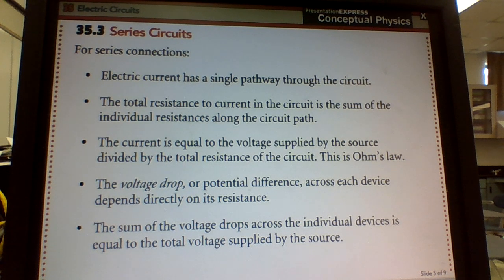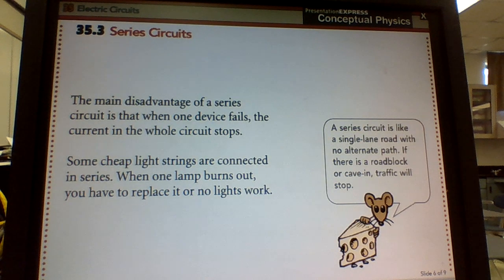So the voltage drop would be different for each bulb if it was 1 and 2 and 3. But if it was 2, 2, and 2, then the voltage drop across each one would be the same. And the sum of all the voltage drops is always going to be whatever the voltage of the source is. So 9 volts would be the ultimate sum of all of the voltage drops.